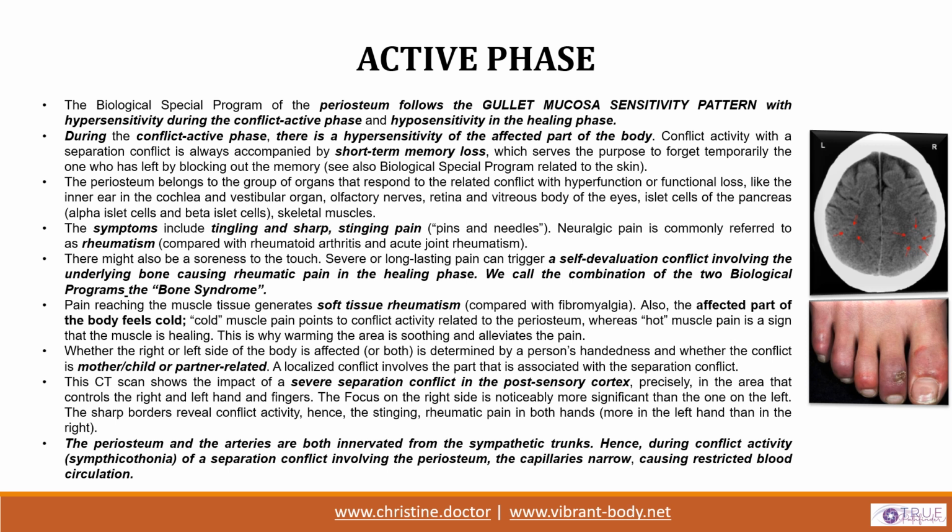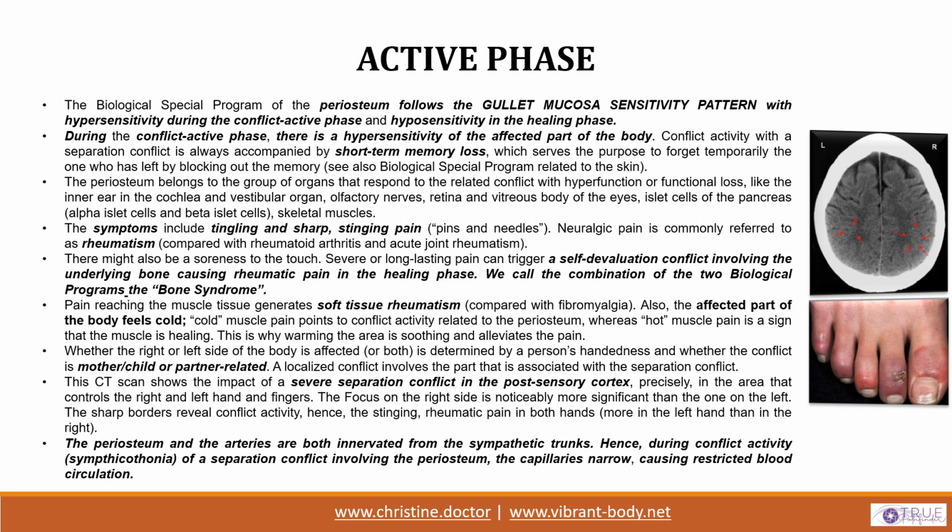The focus on the right side is noticeably more significant than the one on the left, and the sharp borders reveal conflict activity, hence the stinging rheumatic pain in both hands. In this case, more in the left hand than in the right one.